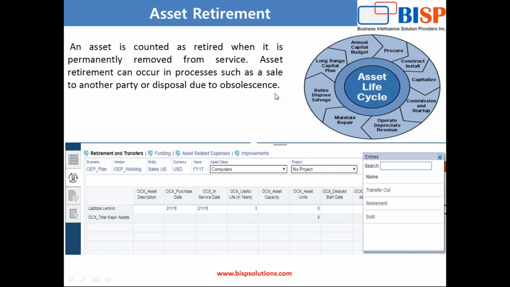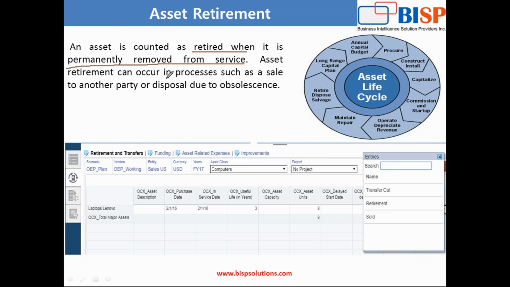So it is good to know the life cycle of asset management. The asset life cycle often starts with acquisition and leads up to salvage value. An asset is counted as retired when it is completely and permanently removed from service.